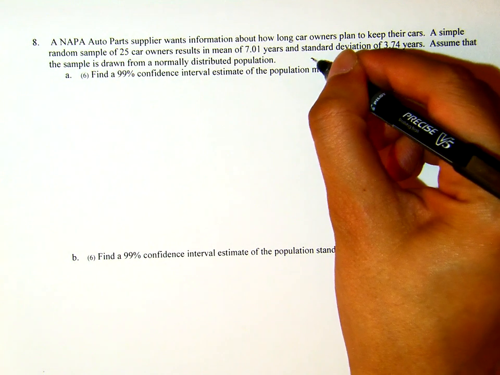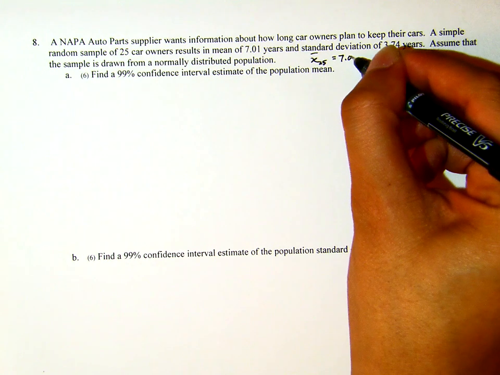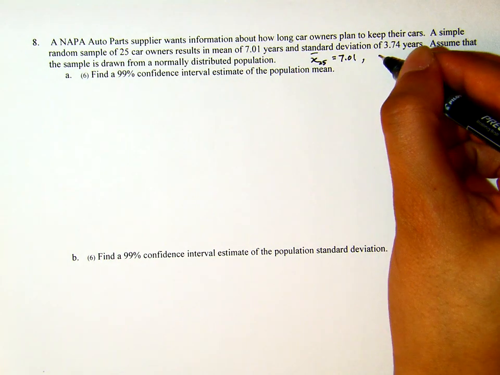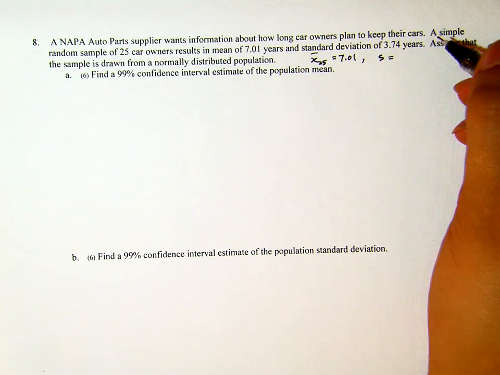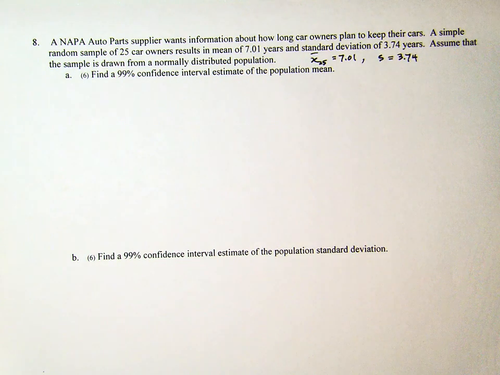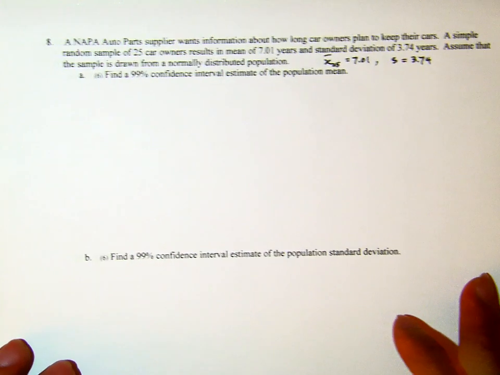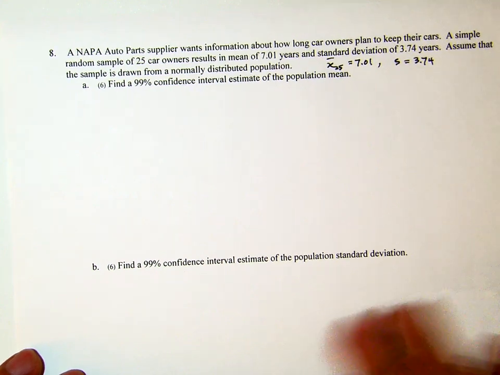So this is the sample mean of 25, that's 7.01, and the standard deviation of that simple random sample is 3.74. Now assume the sample is drawn from a normally distributed population. Part A, find a 99% confidence interval estimate of the population mean.